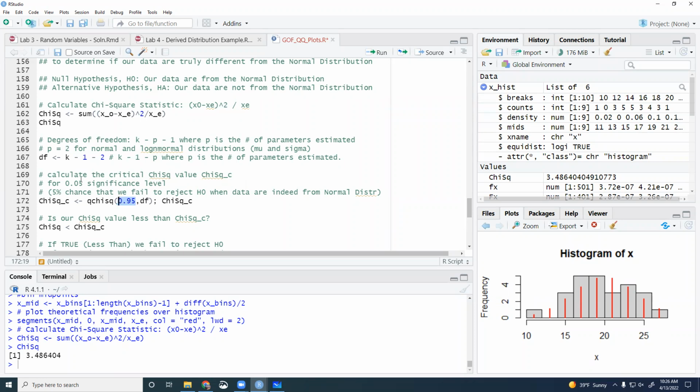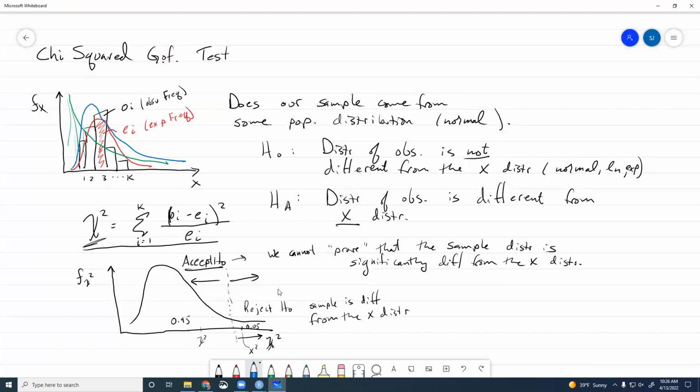And so what we're doing is calculating the critical chi-squared test statistic here. So this is the chi-squared test statistic above which we would have a 5% probability of seeing a value for which the distribution of our observation is actually the same as the theoretical distribution. So let's look back at this right here.